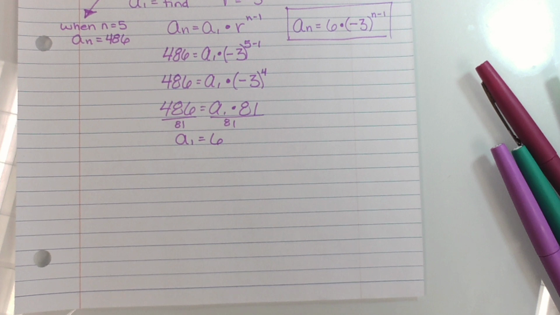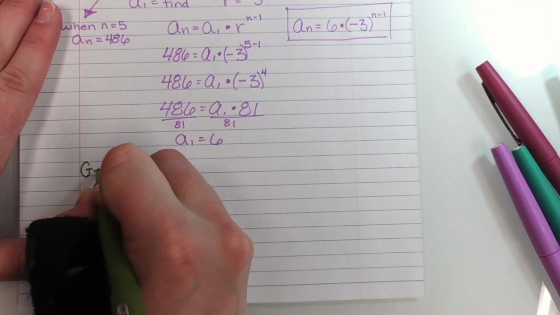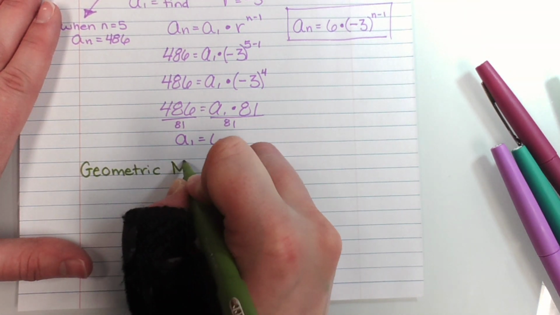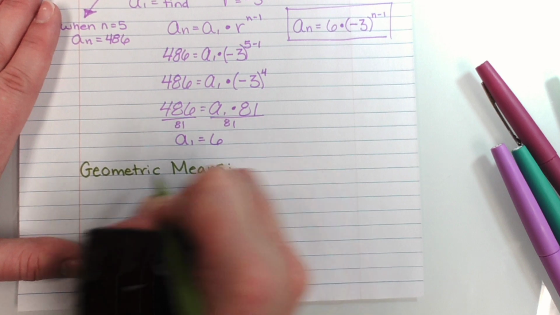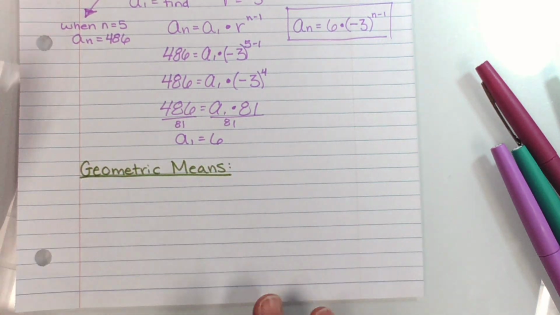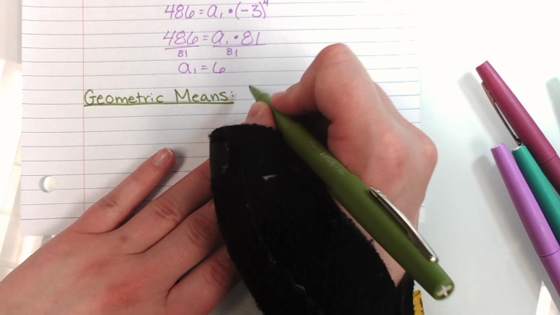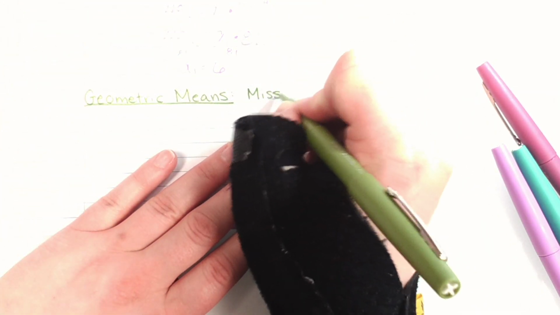Now there's one more thing you're going to be asked today. One more type of equation or question. And that's going to be about the geometric means. We talked about arithmetic means the other day. An arithmetic mean is numbers, missing terms in between two non-consecutive terms of an arithmetic sequence. Geometric means, same idea. They're missing terms.